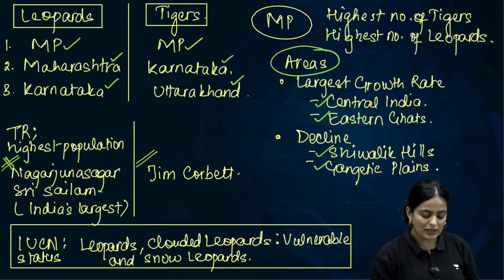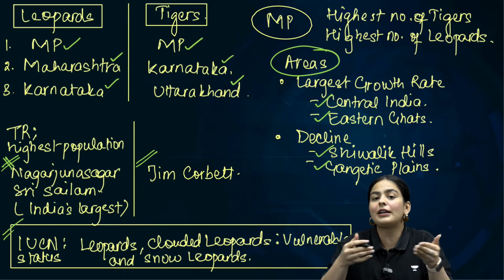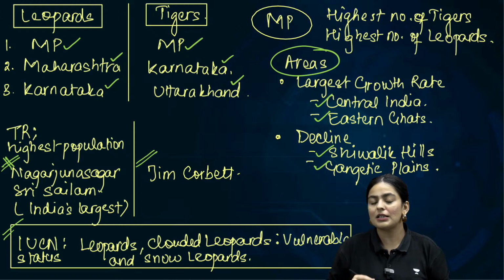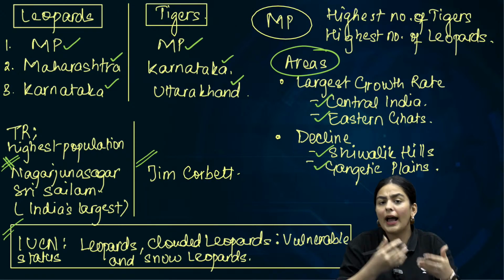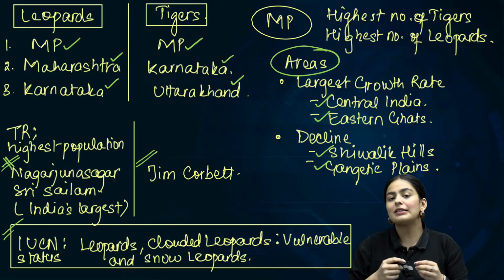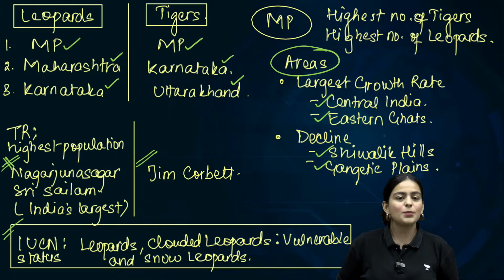The IUCN status we have clubbed together so that you don't have to remember it separately. For the three, the snow leopard, the clouded leopard and your normal leopard, it is the same, which is vulnerable. If this is absolutely clear, let's move on to our next question.